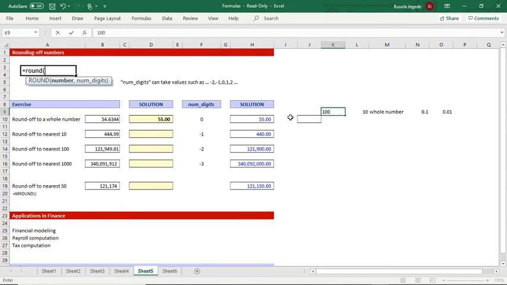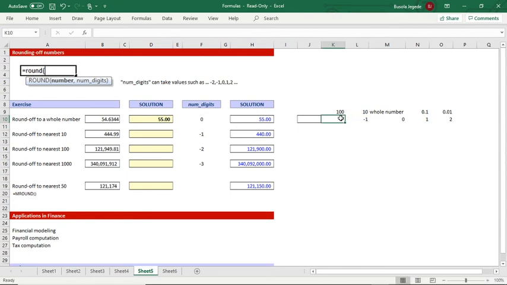So the number of digits you should enter for whole number, as we just did, was 0. But for one decimal place, it would be 1. For two decimal places, it would be 2. And if you go the other way, for nearest 10, it would be -1.